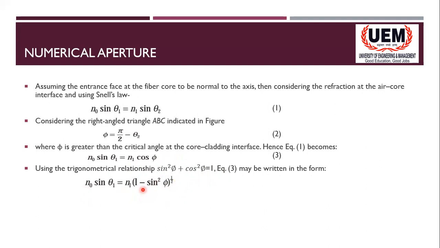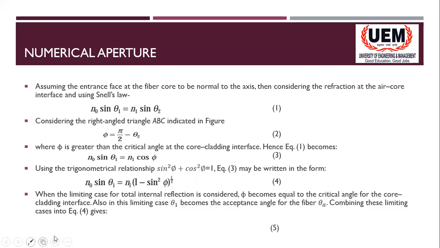So this is what we are getting in this equation, and if you look closely, we are slowly getting this equation in terms of critical angle, and that critical angle is dependent on the refractive index of core and cladding. So the whole term will come in form of the refractive index of core and cladding.